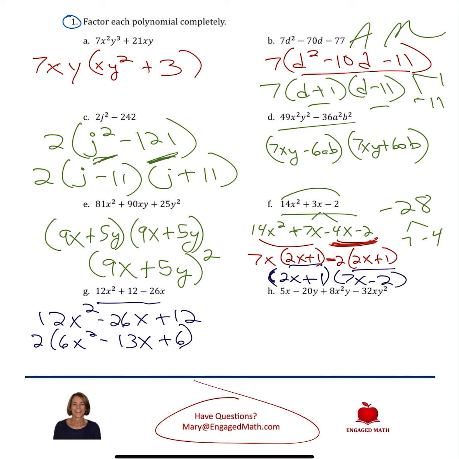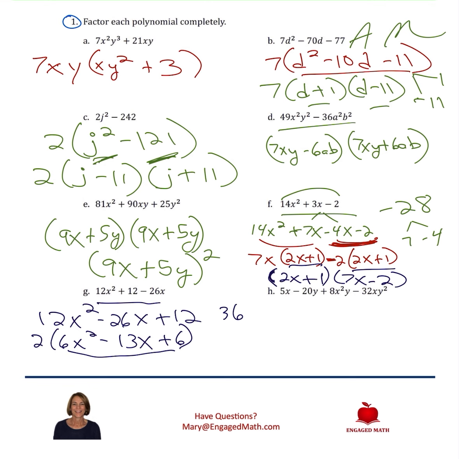Because the number in front of x squared is still not 1, we have to do the splitting the middle term process. So let's make a little more space for ourselves right here, and we'll use some of this space at the bottom. First we do the 6 times the 6, a times c, and we get 36.